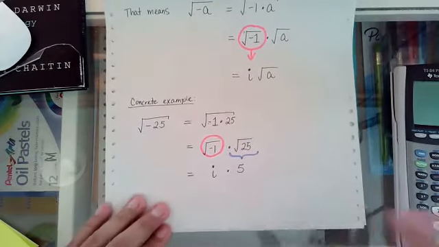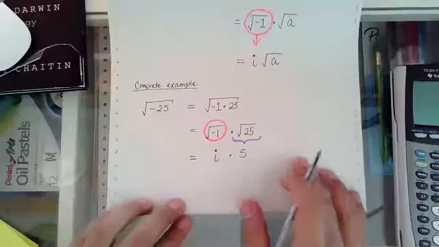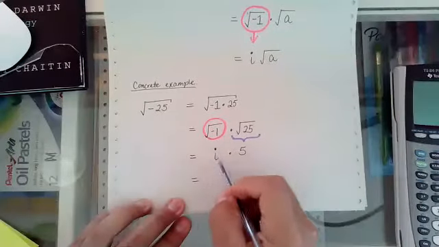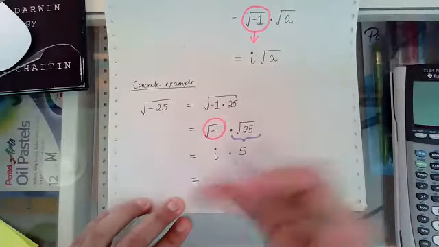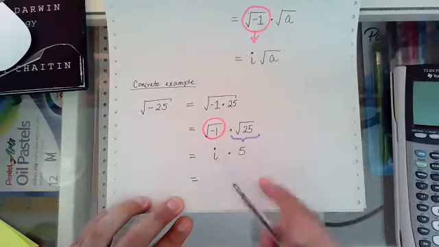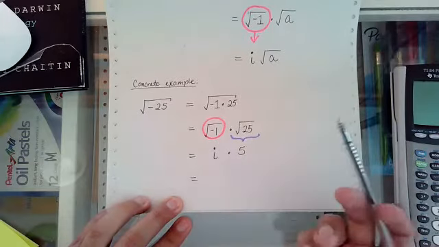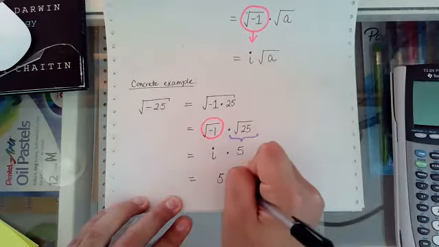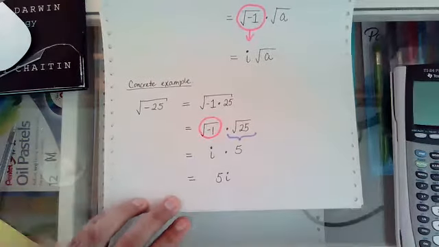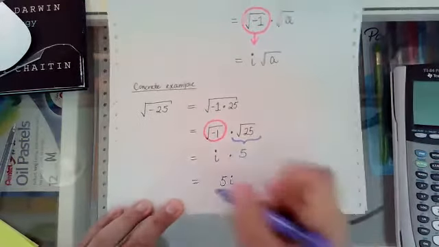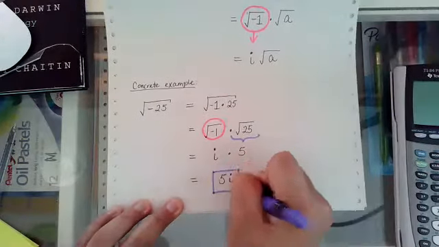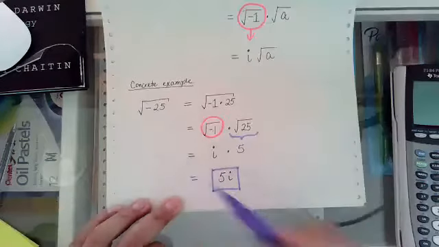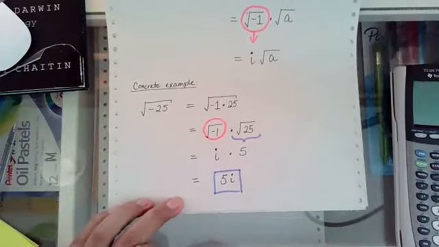But by convention, or just by tradition, mathematicians treat this imaginary unit sort of like a variable, and we're just going to stick it in the back. Since this is multiplication, order doesn't matter, but typically we'll write this as 5i. Okay. So it turns out that 5i is the square root of -25.